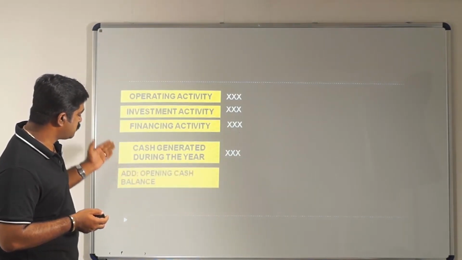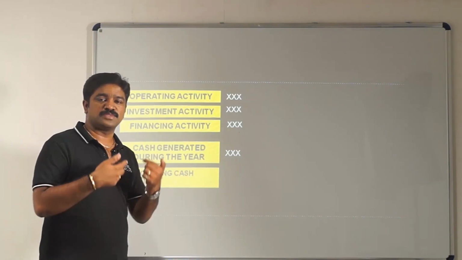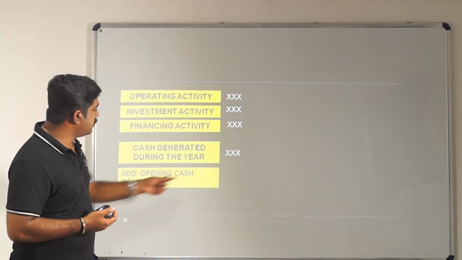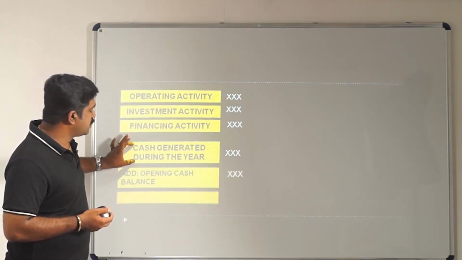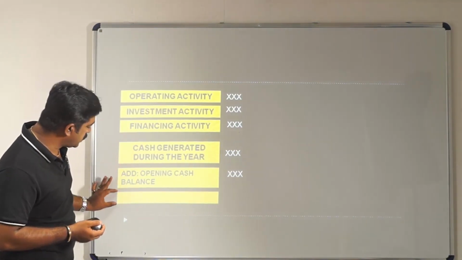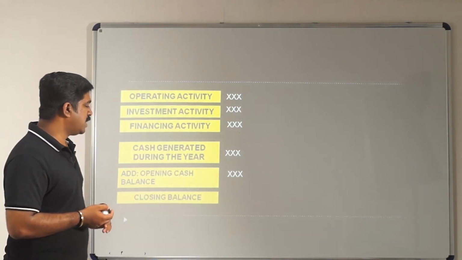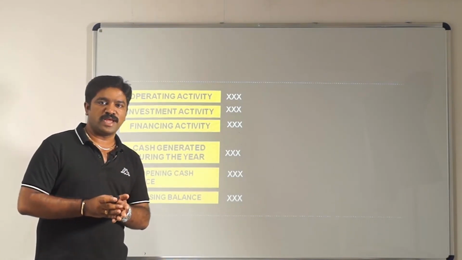Whatever cash balances are available in the beginning, I mean cash and cash equivalents, I'm stressing on a technical term called cash equivalents. So that will be added, and if we add opening cash and cash equivalents to the cash generated during the year, automatically we should get what is known as closing cash and cash equivalents. Okay, so this is the abridged structure of a cash flow statement.